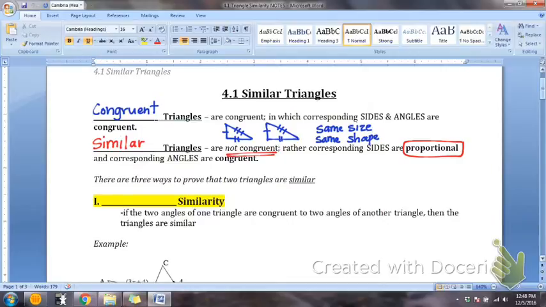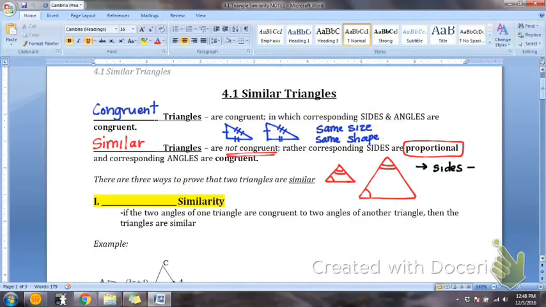So it might look something like this, where you have a triangle here, and you have this triangle here, where the angles are congruent, but obviously those sides are not the same, right? Sides are definitely not the same. So we would say sides are congruent.